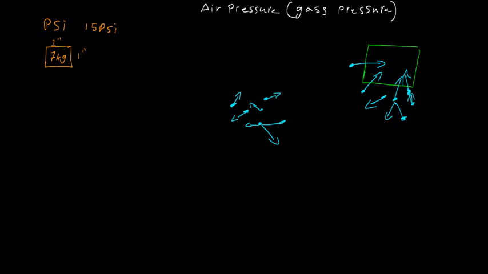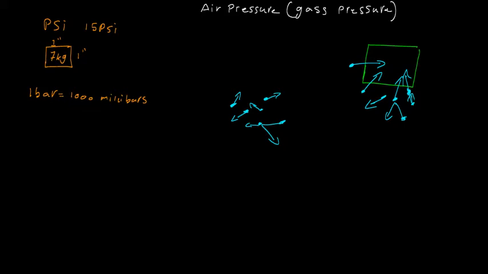A more modern way of measuring pressure is bar. So 15 psi, or the pressure at sea level, is 1 bar, which equals 1000 millibars. And that's a more modern way of measuring pressure.